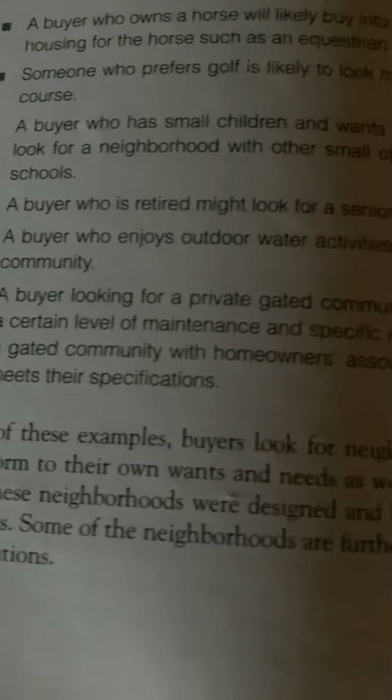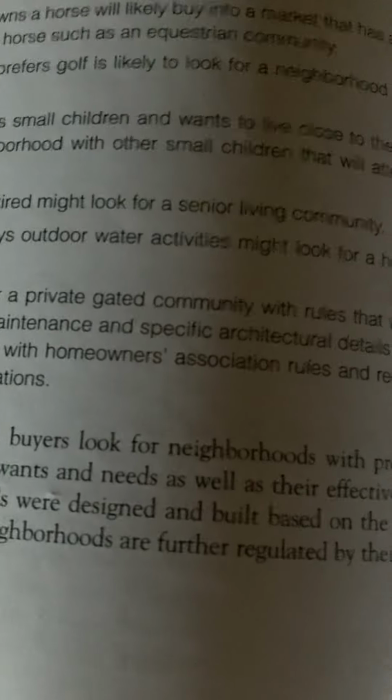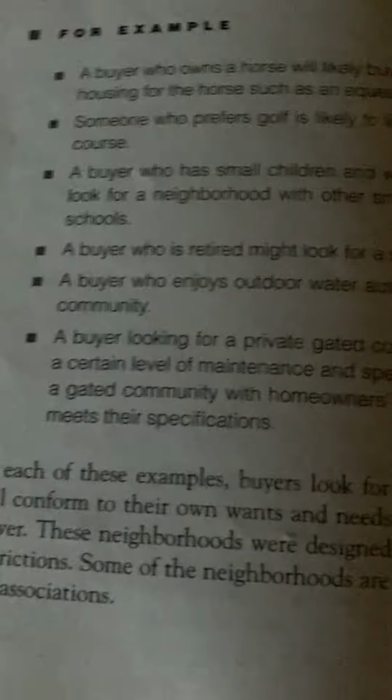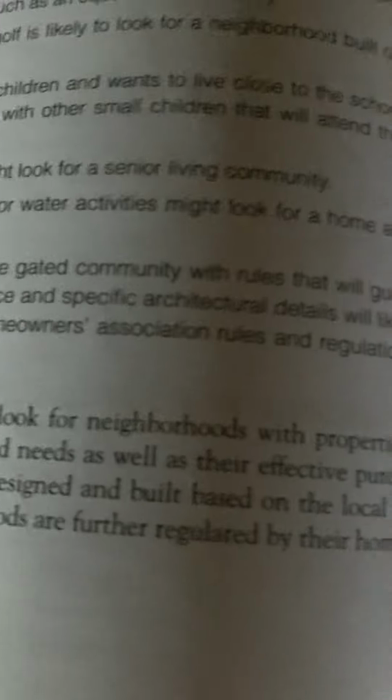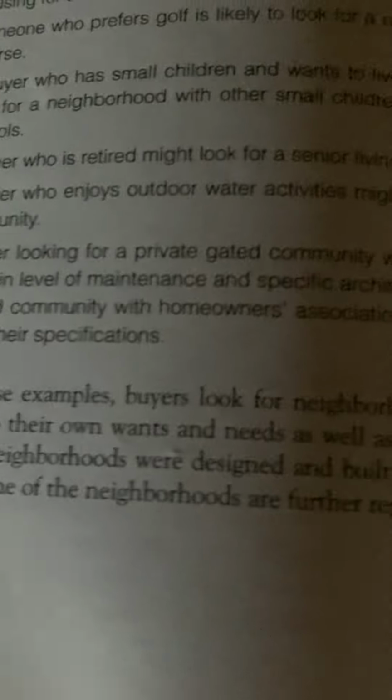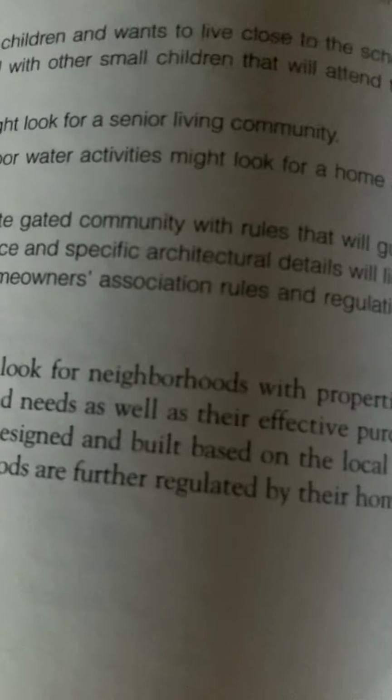In each of these examples, buyers look for neighborhoods with properties that will conform to their own wants and needs as well as their effective purchasing power. These neighborhoods were designed and built based on the local zoning restrictions. Some of the neighborhoods are further regulated by their homeowners associations.